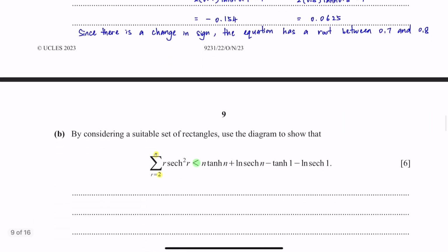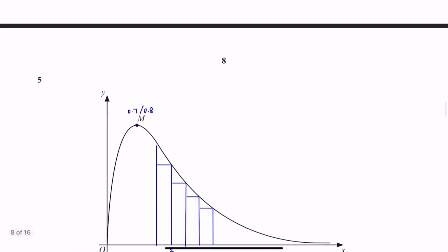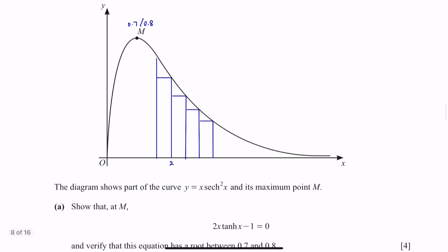Okay, since we want r to start from 2, right? We want r to start from 2. We need the first rectangle to have the height of 2 sec squared 2. We need this. So this should be the first rectangle. So this is 3, 4, 5, so on and so forth.